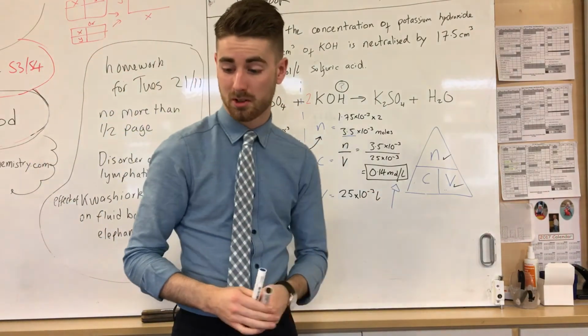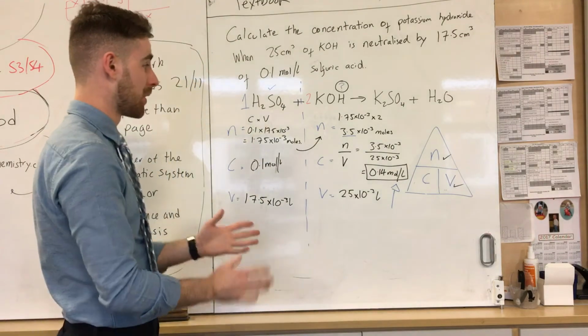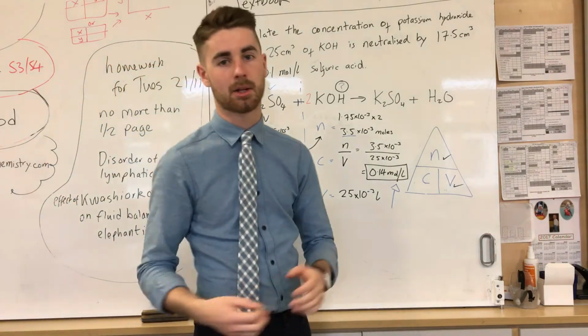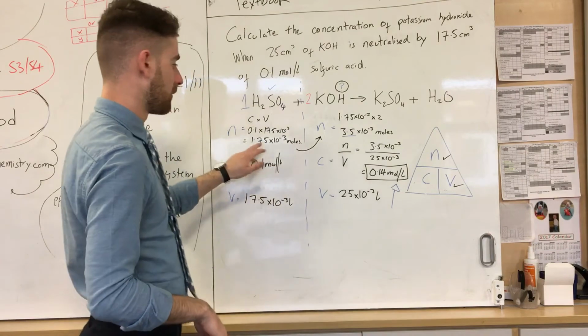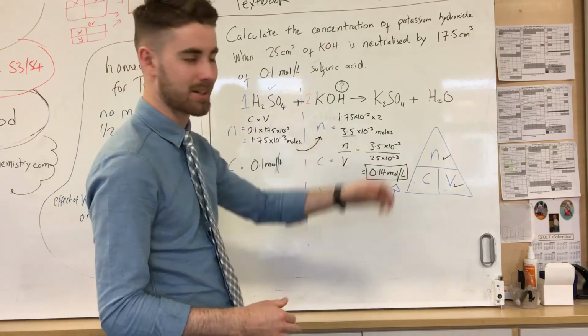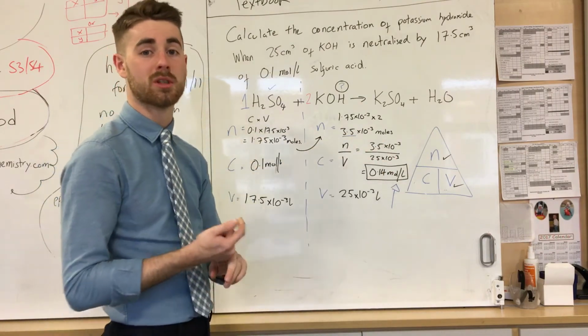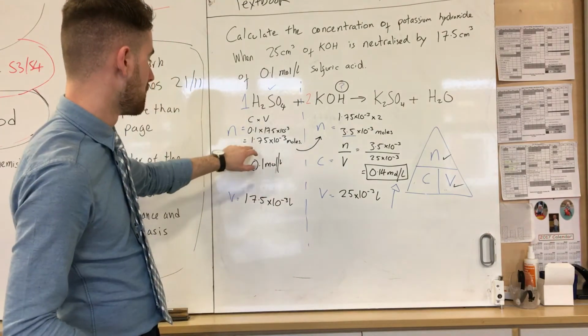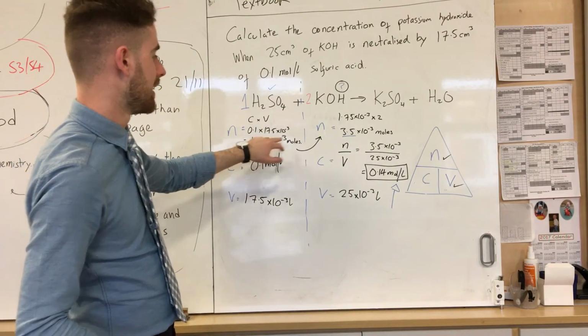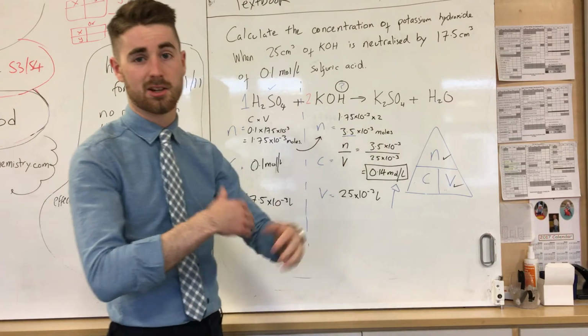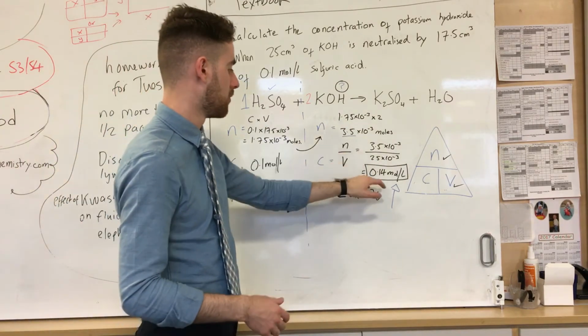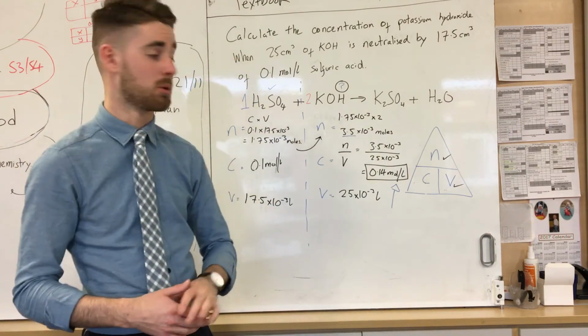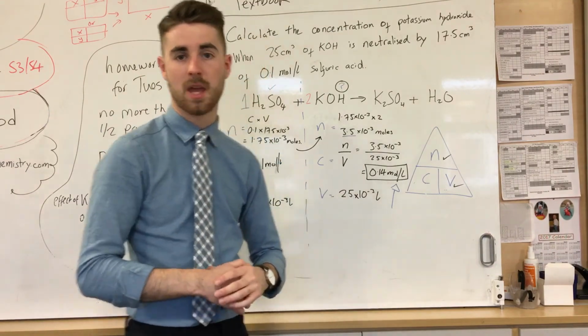It's really important to show your working in questions like this because it is easy to make calculation errors. We all do it. Let's say, for example, you didn't take into account the mole ratio. Yes, you would lose a mark. However, you have shown that you've worked out a number of moles and then you have made a mistake in your calculations. If you worked through this and you still got a concentration value, it would be wrong.